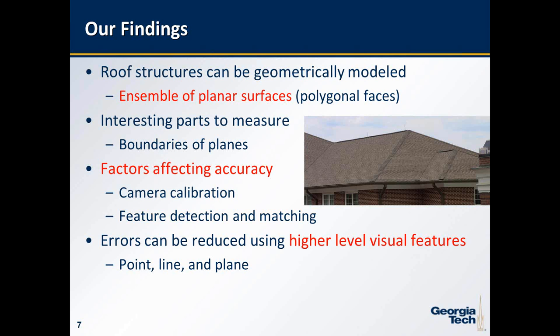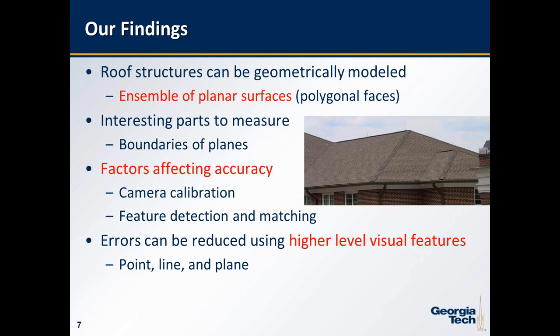So in a roof structure, we are dealing with a number of elements, and each of those elements is a plane. The next point is that the interesting parts to measure in a roofing project are the boundaries of roof planes. We are not interested in anything else, just the boundaries of roof planes, and that is sufficient for any kind of post-processing or digital fabrication that we want to do.